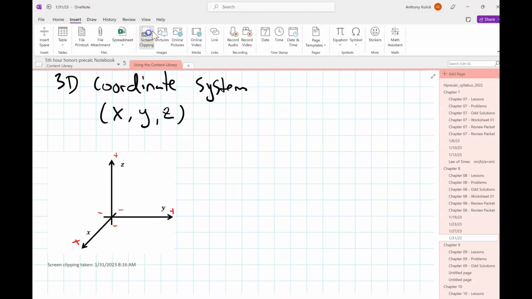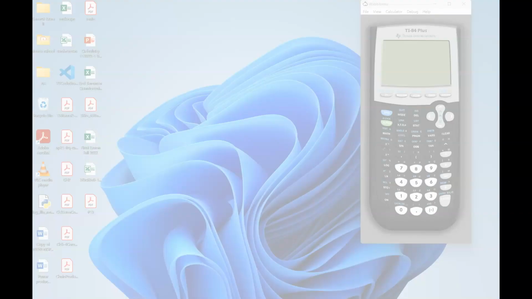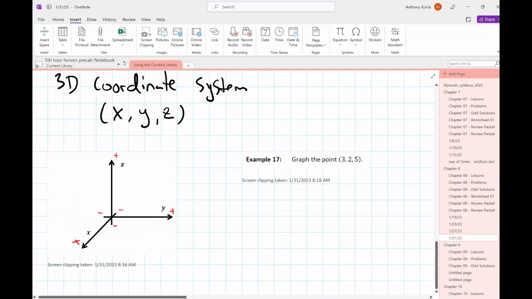So let's show you guys how to graph a point in 3 dimensions. The way we do this is we start by plotting the point 3, 2.